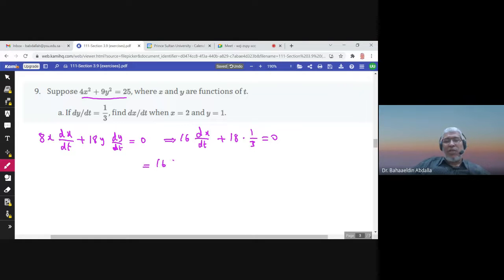So 16 dx by dt would be negative 6. And then dx by dt would be negative 6 over 16 or negative 3 over 8. So that's dx by dt.